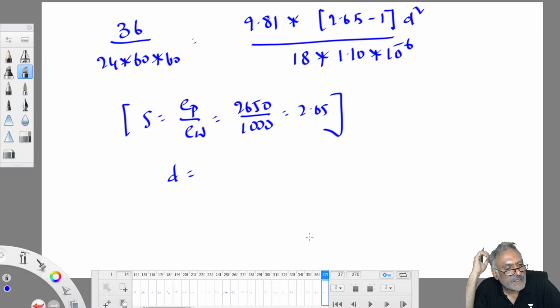Calculation part. Help me in calculation part.